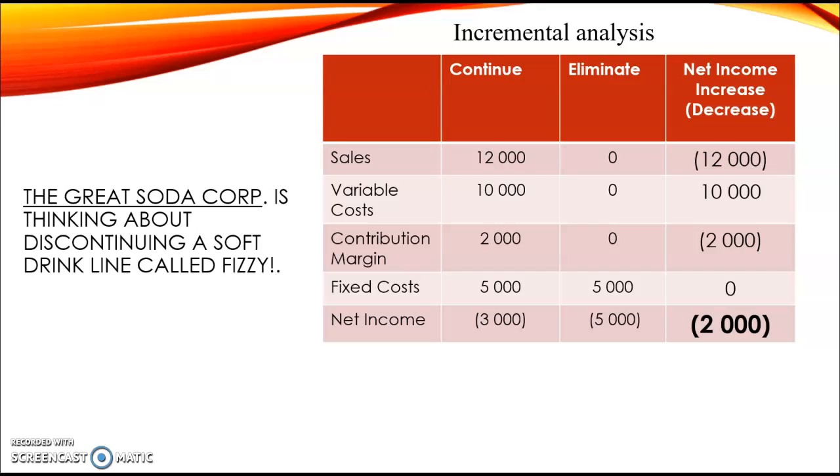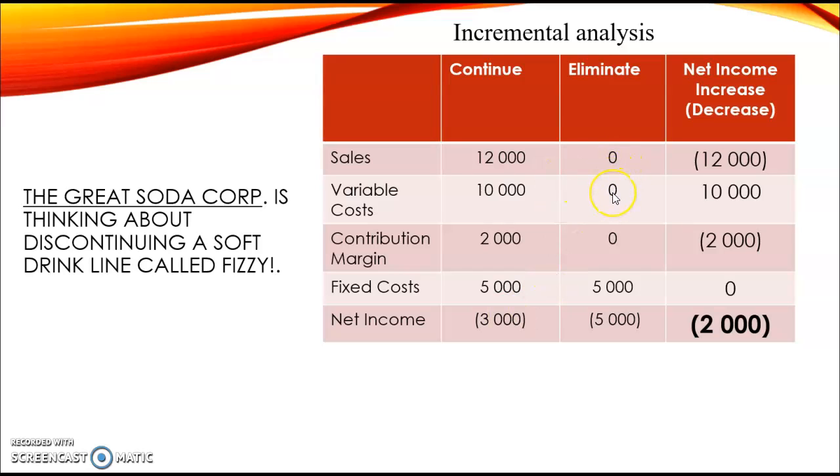In our example, we can see that the net income will be minus $3,000. Continuing to make Fizzy means the Great Soda Corporation loses $3,000.